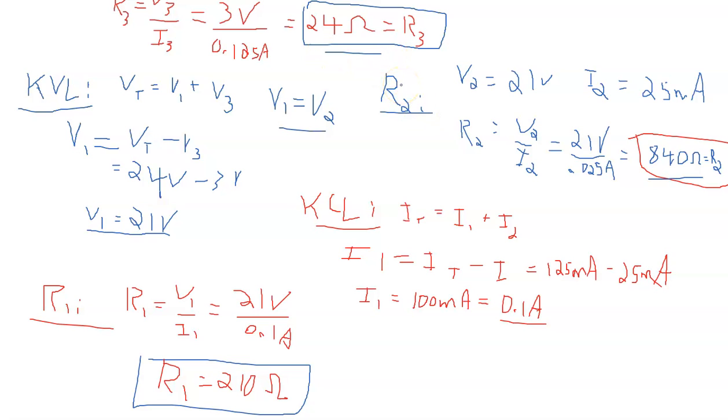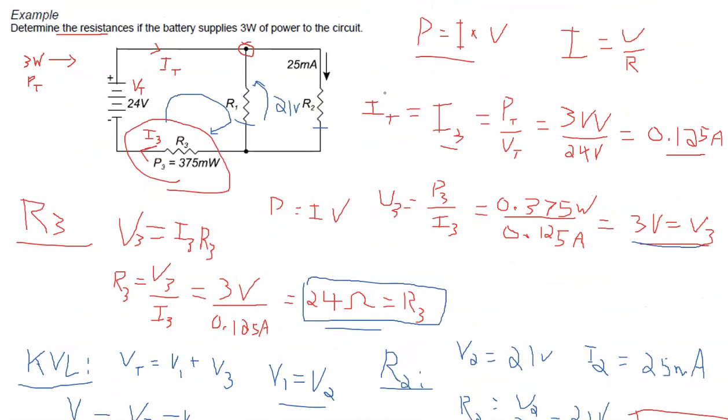Now, if you've got a few minutes after you do those calculations, what you should do is apply Ohm's law to the circuit and say that RT is equal to VT divided by IT, and you've got those two numbers. If you do that, you have 24 volts divided by 0.125 amps, and you come up with, I believe, 192 ohms.